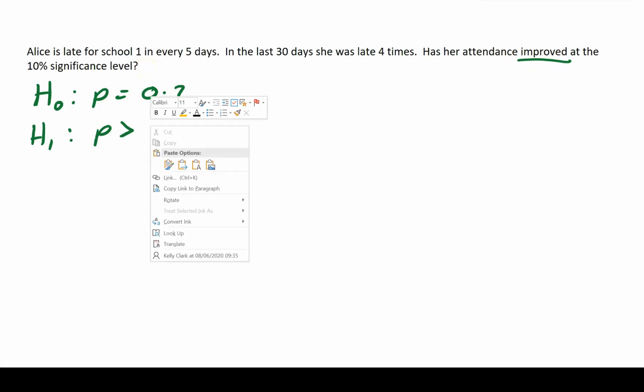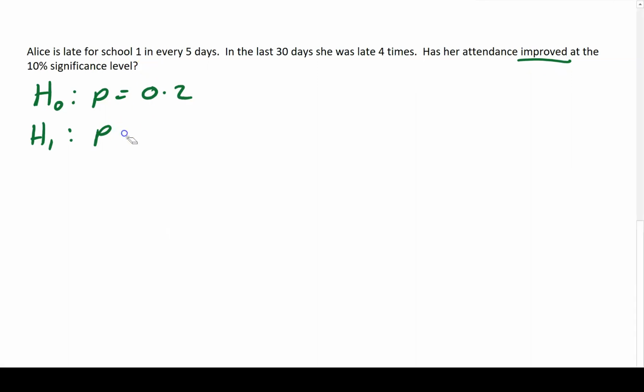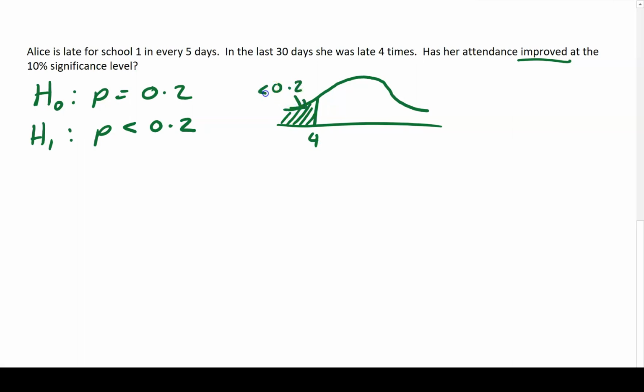So it's got to be attendance to have improved, so the probability of being late has to go down. So we are saying, is this probability less than 0.2? Okay, that's what we're trying to find out.